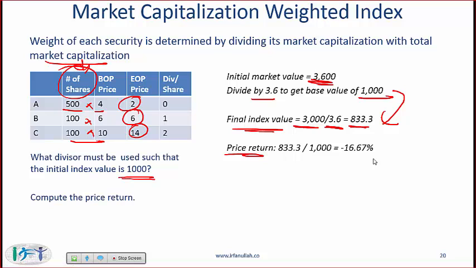Your price return is minus 16%. Notice how you have such a big negative number here. The reason is that A went down a lot, and the market cap of A is quite large. So that has a high impact and brings down the overall index return.